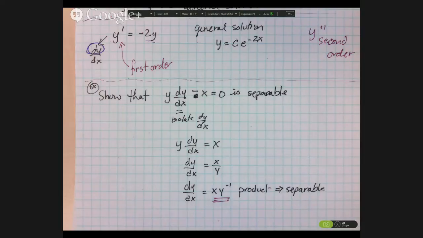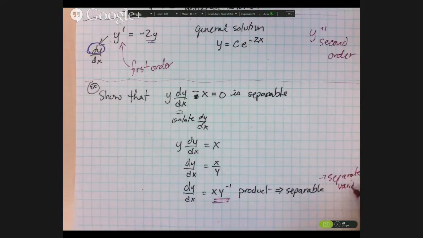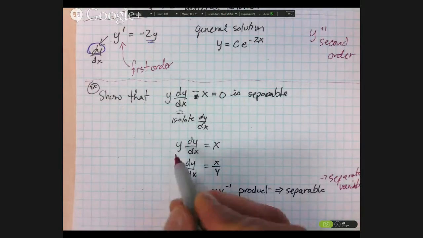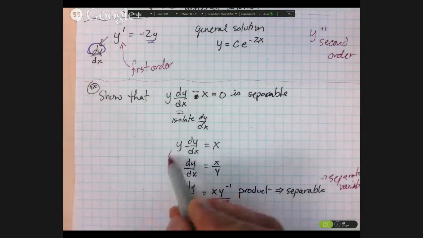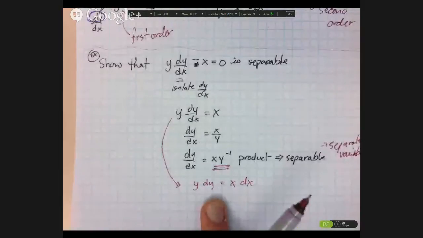What that means is you can separate the variables. From here, here's another. If I take the dx and move it over, the variables are now separated, right?